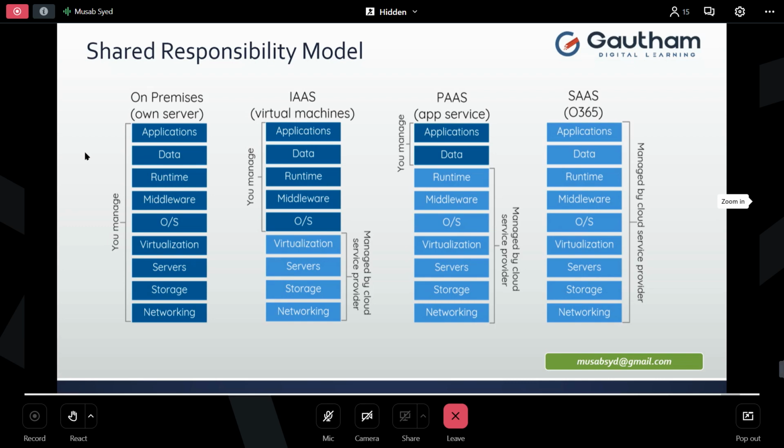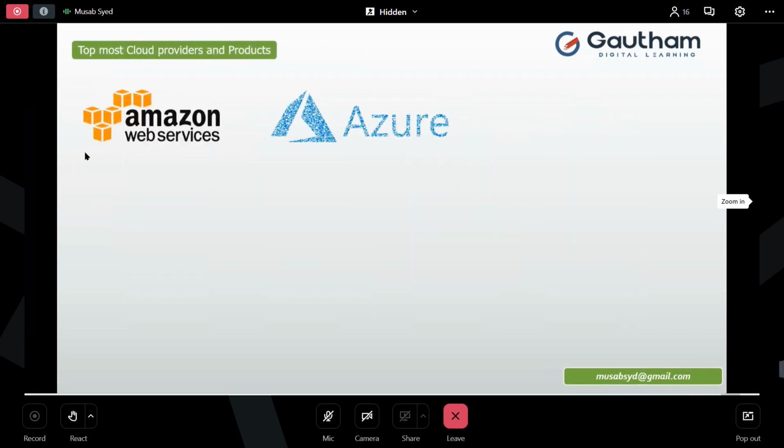Companies are saving 50% of their cost when they move to cloud. Suppose per year some company is spending 10 crore. After moving to cloud, they are saving 5 crore. Don't you think it's a big saving? That is the real advantage, guys, of moving into the cloud environment. So this is what cloud is all about.